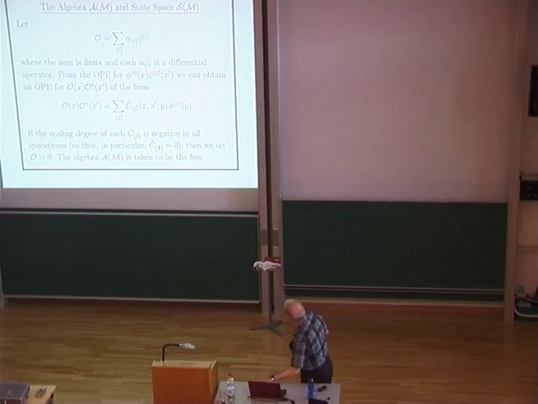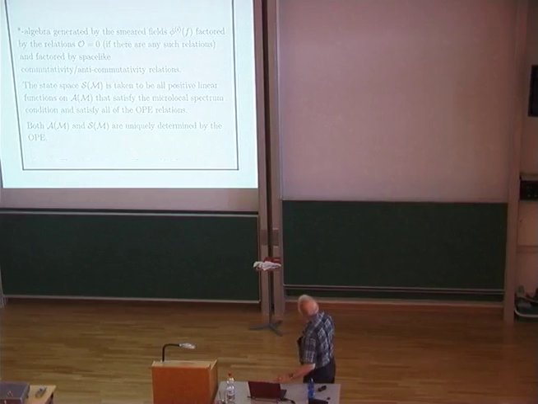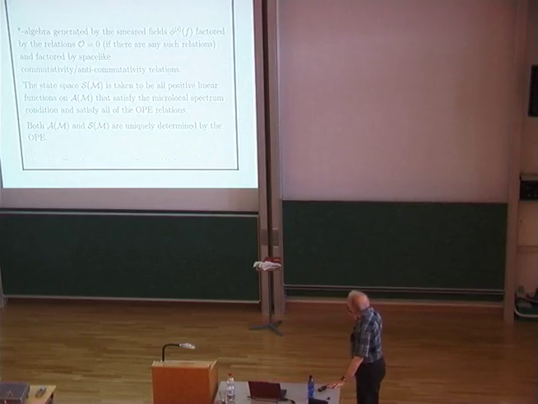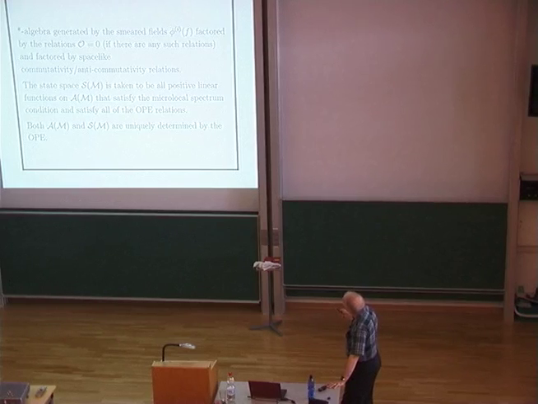So the algebra, in this view, is taken to be basically quite trivial. It's really taken to be just the free star algebra that we generate from the list of fields, but then we factor it by any relations that arise in the manner that I just described from the operator product expansion, and it's also factored by commutativity or anti-commutativity relations, but nothing else.